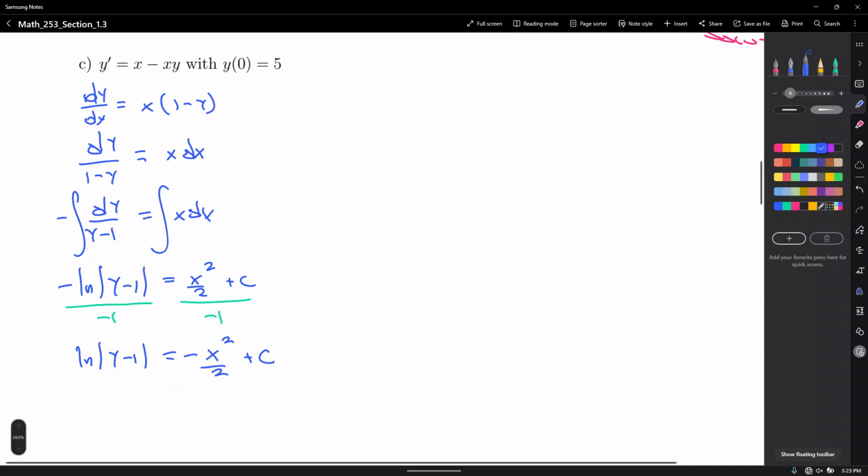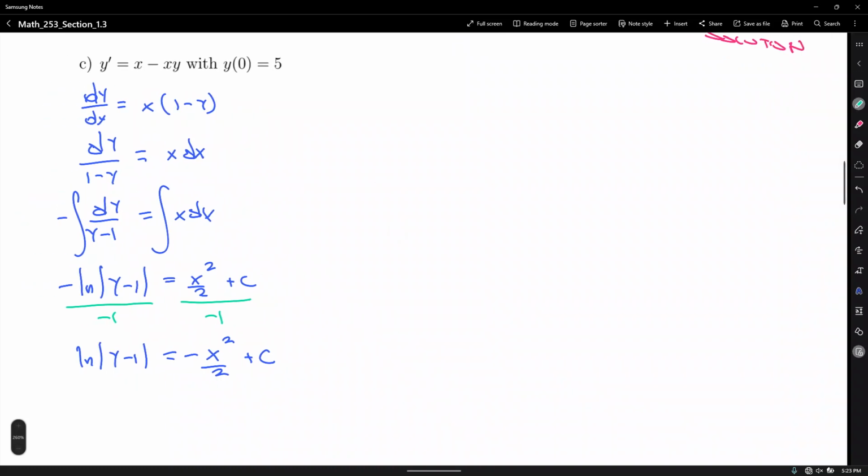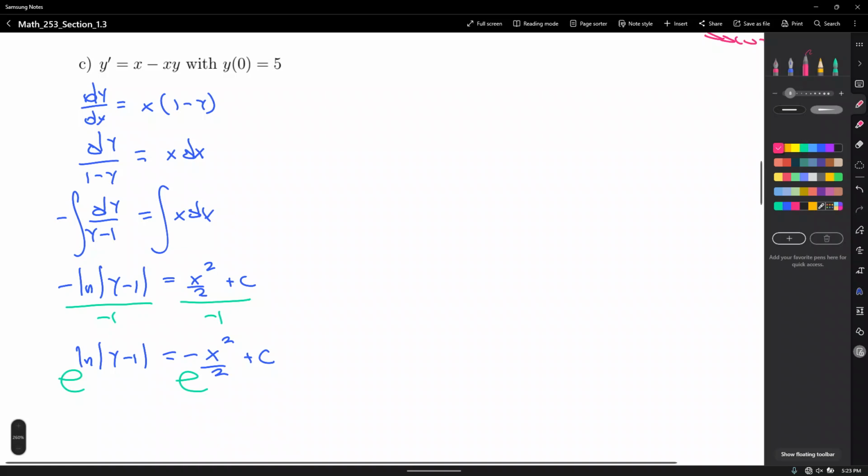Now, we need to get rid of the logarithm. What do we do to get rid of a logarithm? Exponentiate both sides on the base e. All right? Cancel e with ln. Also, let's recall that whenever we have a to the m plus n, that equals a to the m times a to the n. That's just a basic law of exponents from algebra.